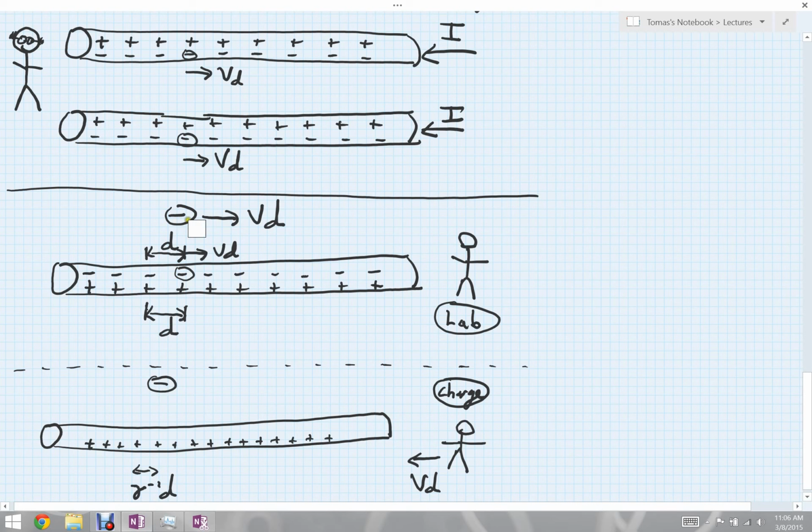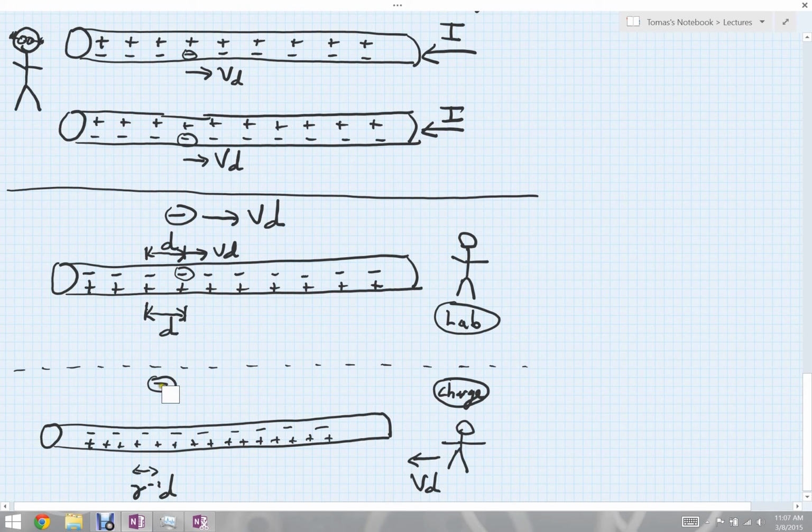But notice my minus charge in the upper wire that I'm focused on right now is moving along by supposition with the same drift velocity as the minus charges in the other wire. So all of the minus charges are all traveling with the same speed. They all share the same frame of reference. So there's a whole series of these minus charges, which are now further spaced than the positive charges, along my wire.